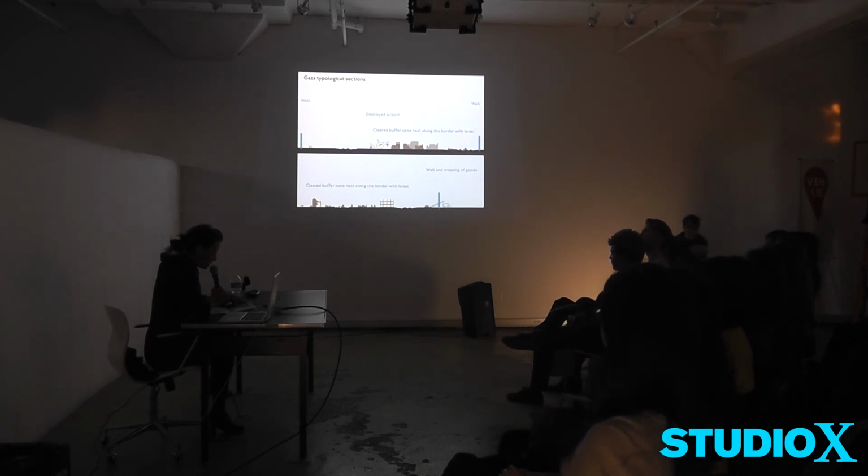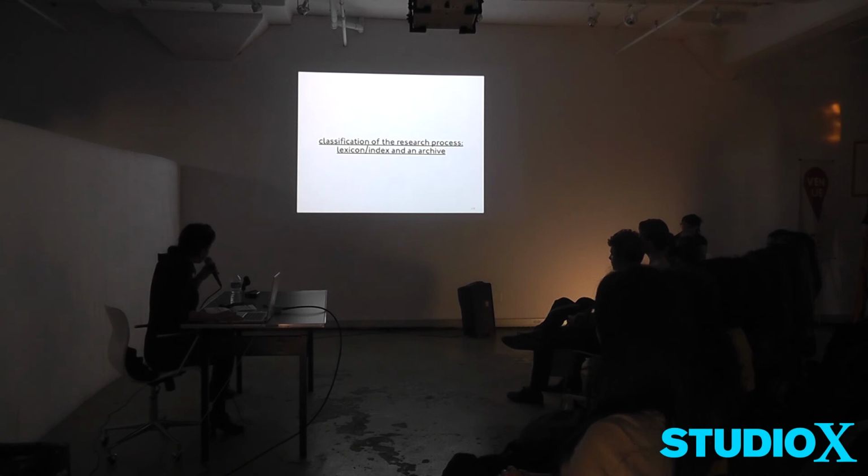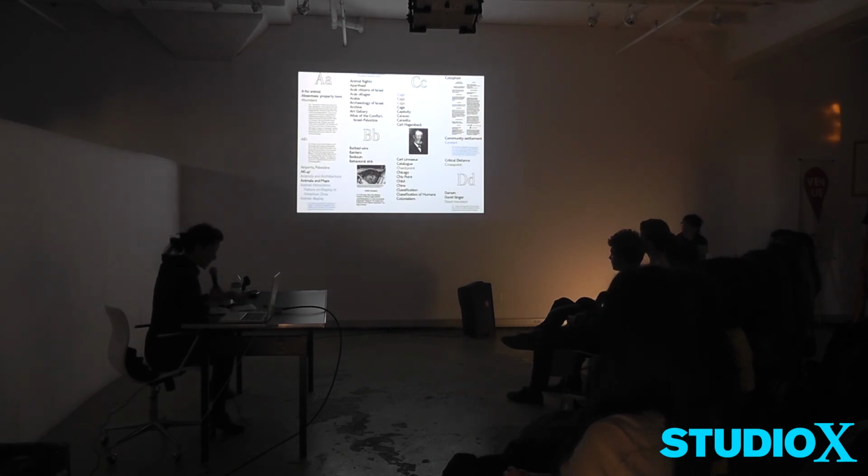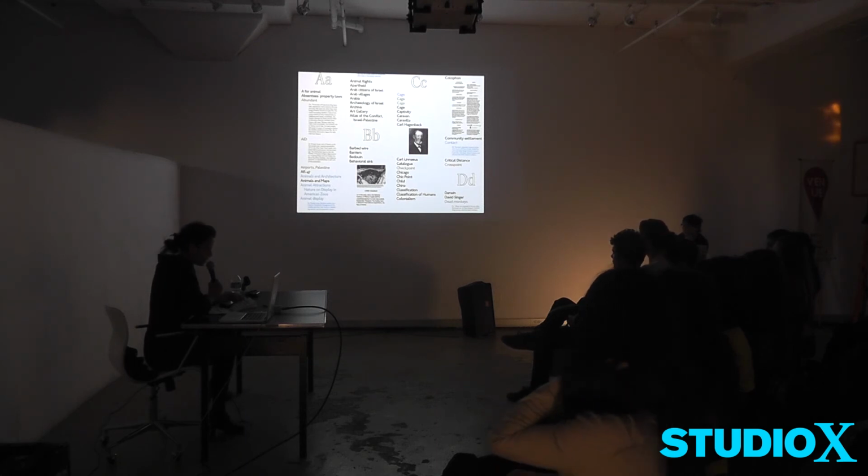Like in the atlas, in the zoo, I decided to add a lexicon. A single narrative never makes sense. It was important to me to allow different narratives to run next to each other and to open it up to the interpretation of the reader.